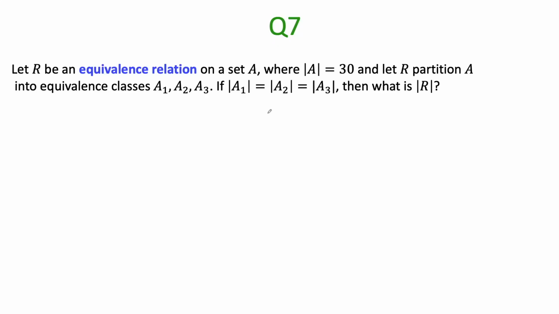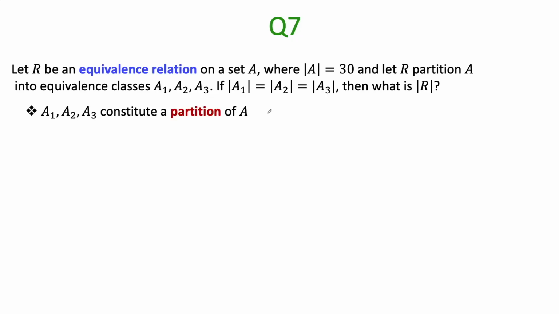Okay. In question number 7, you are given an equivalence relation over a set A, where the set A has 30 elements. And since it's an equivalence relation, the relation partitions the set A into 3 subsets, each of equal size. The question asks you how many ordered pairs are there in that equivalence relation.